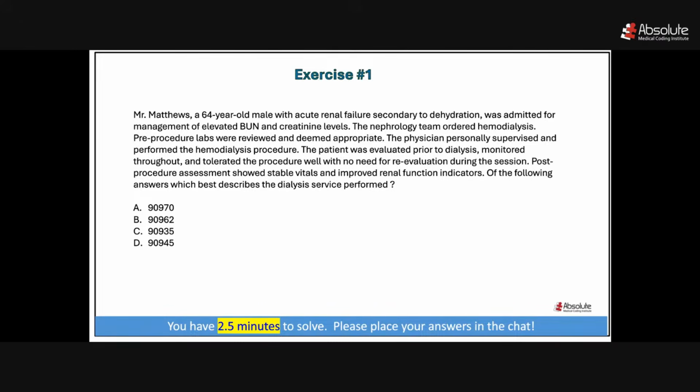Physician personally supervised and performed the hemodialysis procedure. The patient was evaluated prior to the dialysis, monitored throughout, and tolerated the procedure well with no need for reevaluation during the session. Post-procedure assessment showed stable vitals and improved renal function indicators.